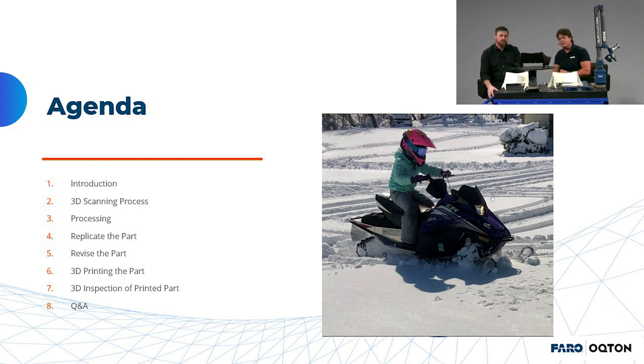We actually have two parts that we were able to 3D print, and then we're gonna finalize with an inspection, because it's gonna be hard to talk about reverse engineering and not talk about inspection, because they kind of go hand in hand. As customary, folks, we're gonna have our Q&A session at the end. Hopefully we're gonna have good time to respond to your questions, but if we don't, we're gonna get back to you via email and try to solve all pains that you have and issues and questions about this webinar.